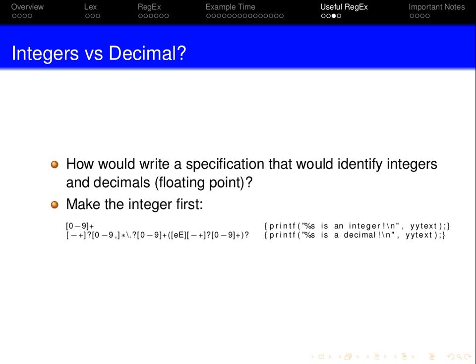Lex always matches the longest pattern. So since 10.5 is longer than just 10, it would match the second rule. Good question. Remember, those are the 2 rules. That's why those 2 rules are important. It always matches the longest one first, and then the priority of the equally matched ones is from top to bottom.